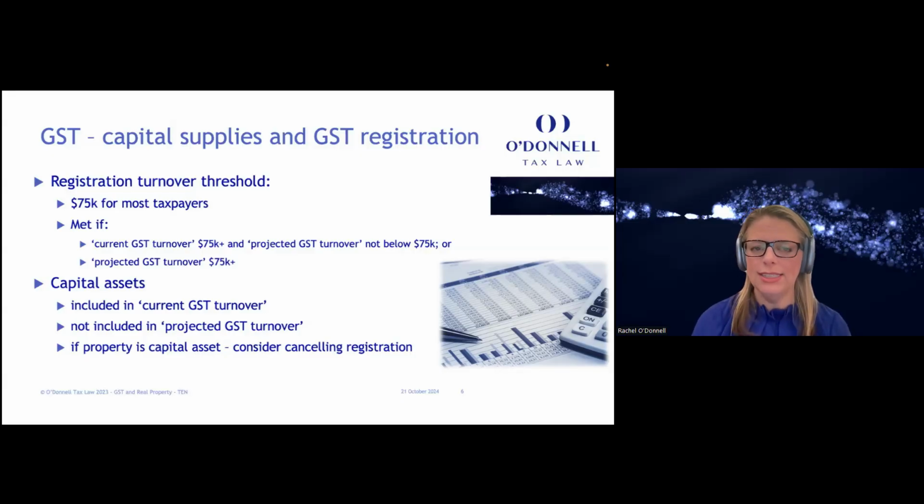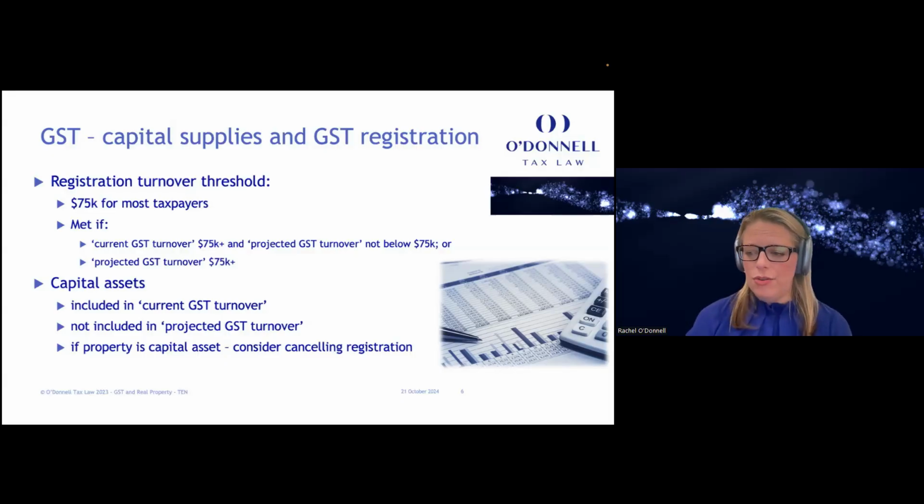If you're substantially scaling down and doing that permanently, then supplies made in that context are not within the projected GST turnover. So if you've got a taxpayer that's selling off capital assets that would not otherwise be breaching that threshold, then you don't have to register, and you could consider whether you want to cancel your registration if you're already registered. But note that on the cancellation of registration, there might be some increasing adjustments, and I'll explain what they are a little bit later.